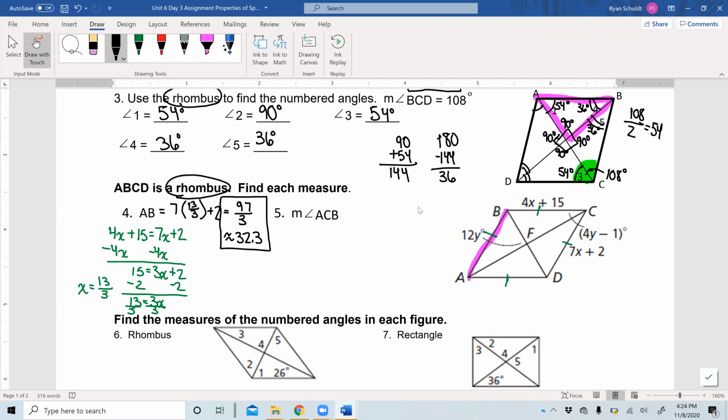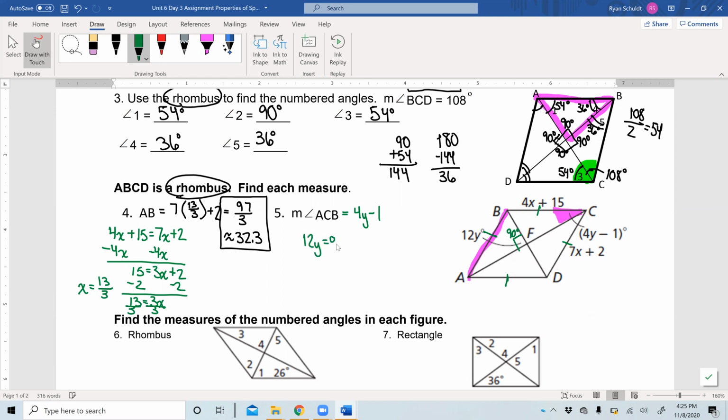Okay, number 5. They ask you to find the measure of angle ACB. So that's this angle right here, which they conveniently tell us is 4y minus 1. Okay, great, but what's y? Well, notice this angle, which has to be 90 because it's on the diagonal, is equal to 12y.